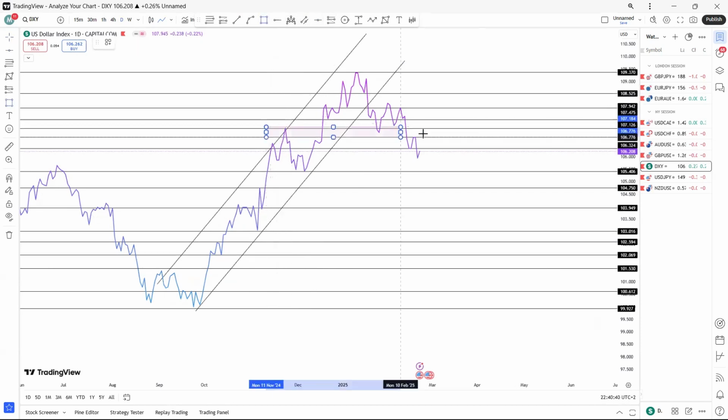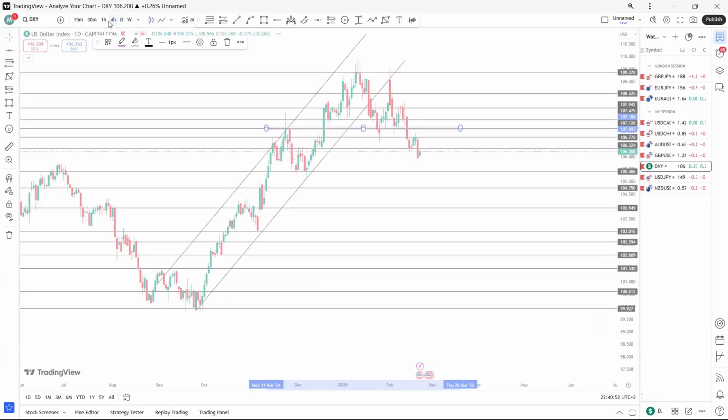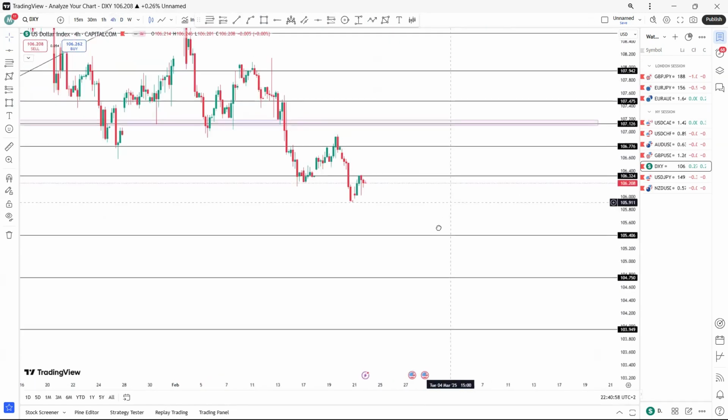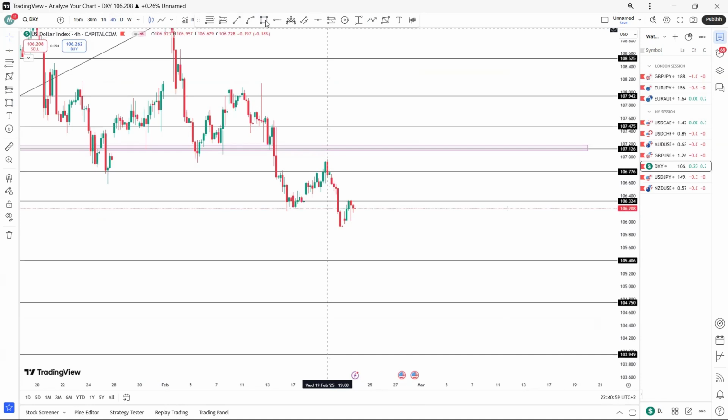Here there was a zone, then we broke below that zone, isn't it? Then after that there's another low point, isn't it? Another low point.